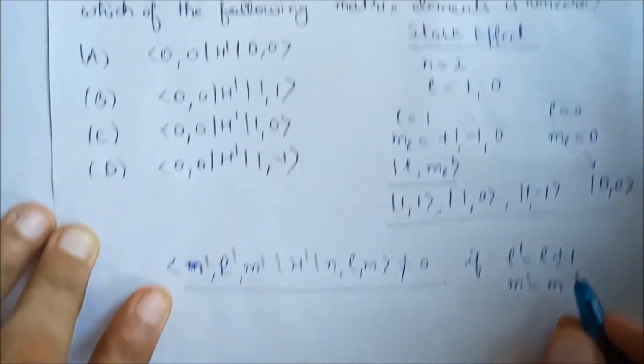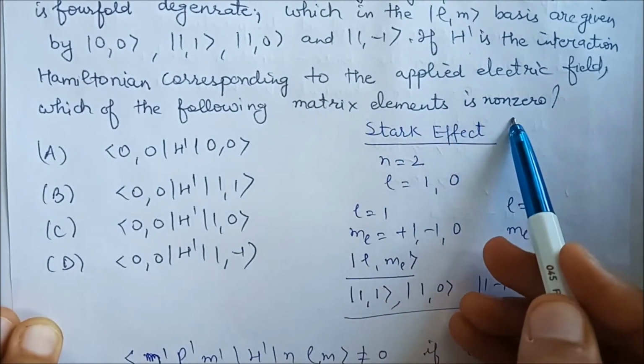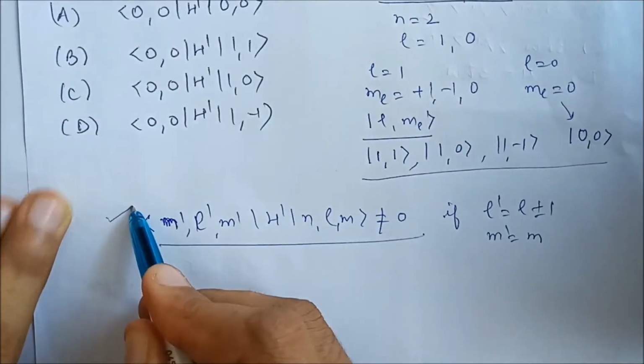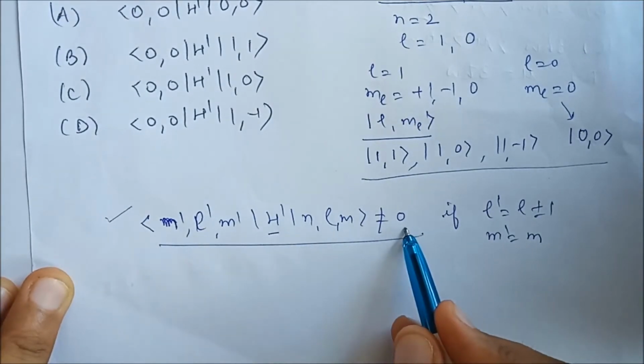So we have to find the matrix element which is non-zero. So we are writing the condition for a non-zero value of the matrix element. For the H dash interaction Hamiltonian, this is the condition for a non-zero matrix element.